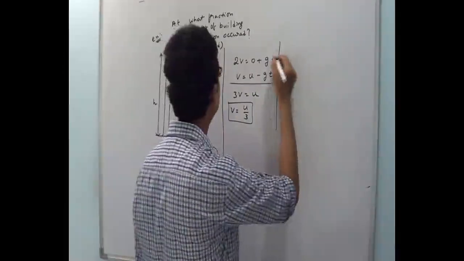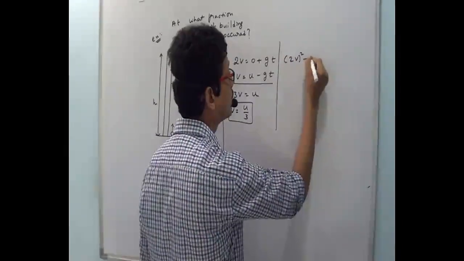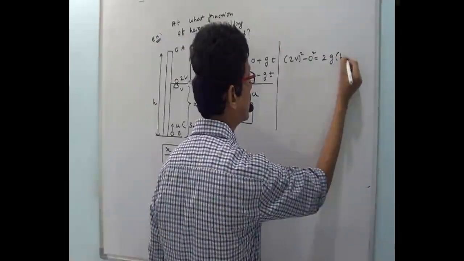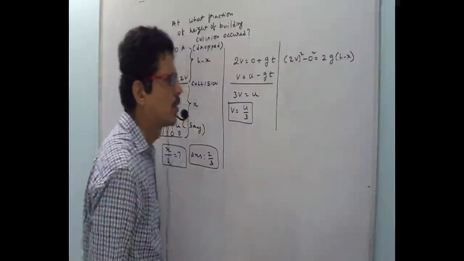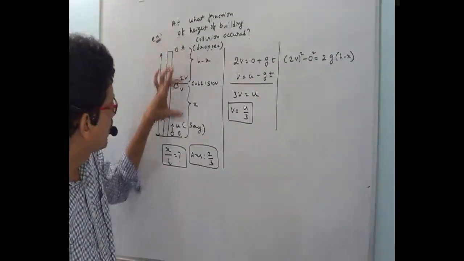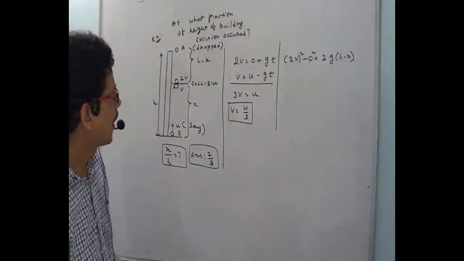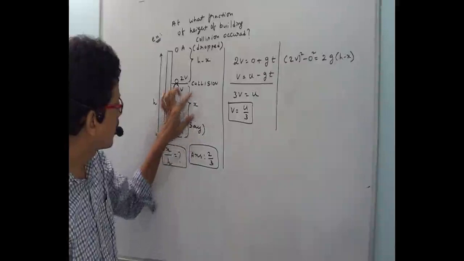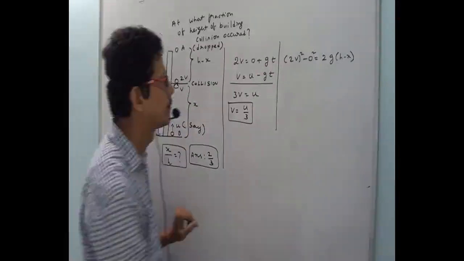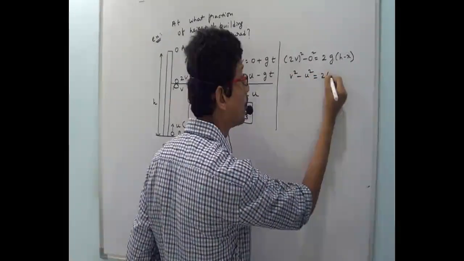V square, first we will apply for this. 2v whole square minus 0 square is equal to 2g into h minus x. What is this distance? h minus x only, no? If this is x, this will be h minus x. And we will apply v square minus u square for the ball B also: v square minus u square is equal to 2 into minus g into x.